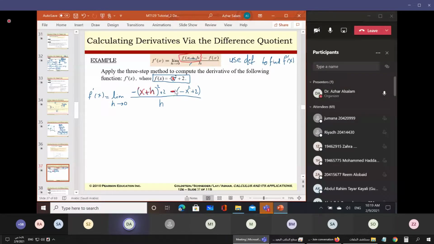Then minus, this is minus f of x, this is f of x. And all of this is f of x plus h. Now I simplify. I distribute and get rid of all these brackets.